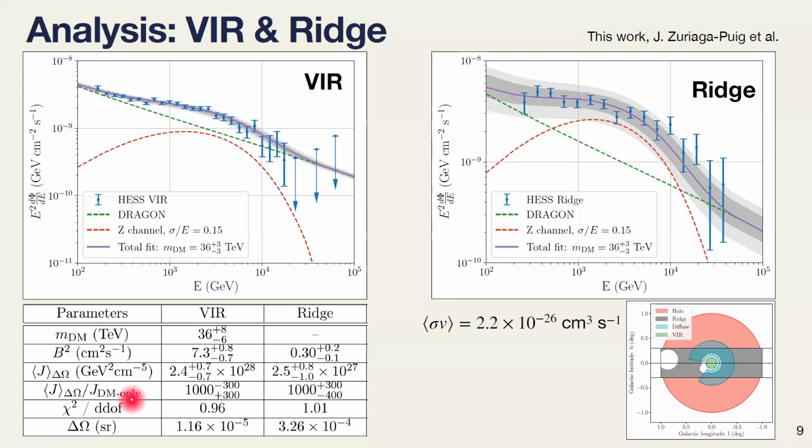Comparing it with the dark matter only simulation with the benchmark Navarro-Frenk-White profile, we see that we need around a factor of 1,000 for both the very near region and the ring in order to explain the curve. In this plot, the red line is the dark matter annihilation flux, and the green line is the background flux.